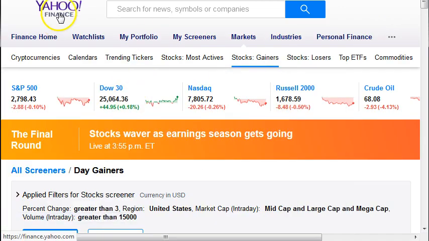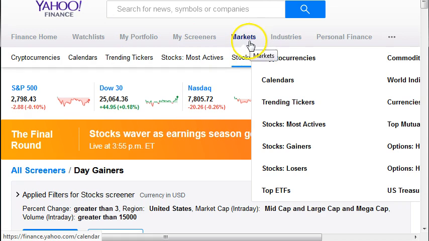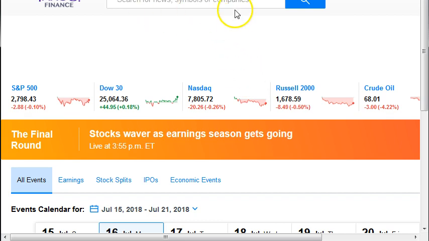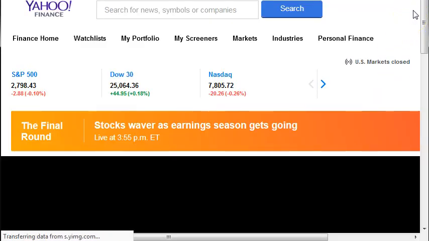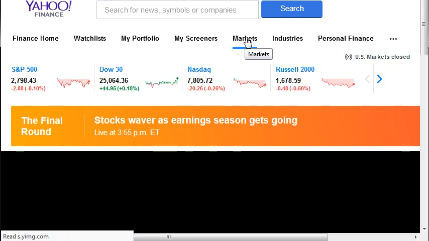Okay, so we go to Yahoo Finance, and let's see today's most gainers. If you go to Yahoo Finance under markets, if you click on markets, you can see gainers today, the most active stocks for today. I'm just waiting for the results.